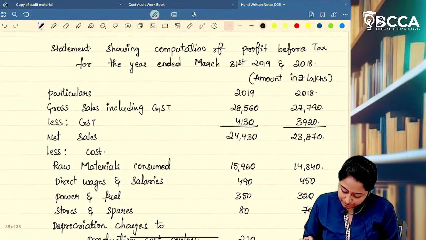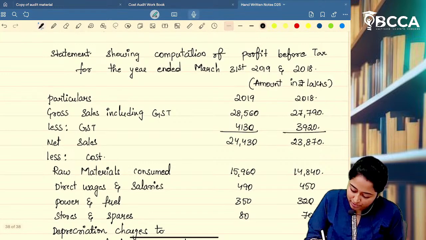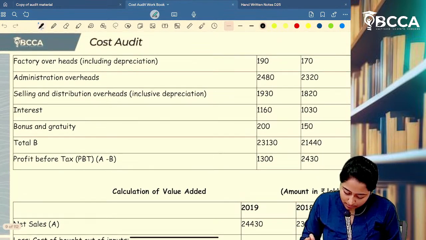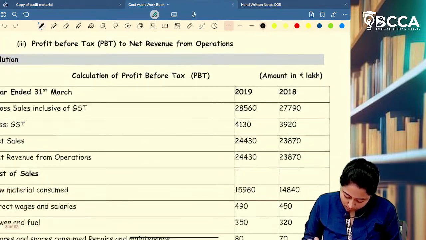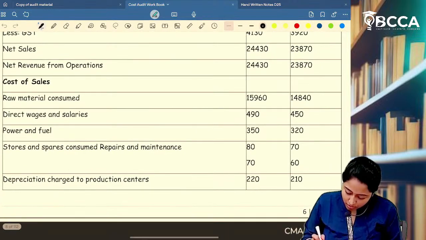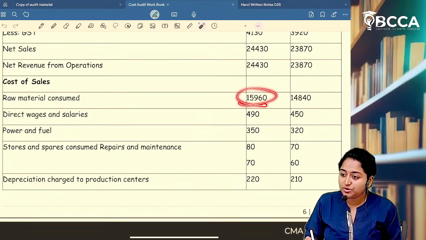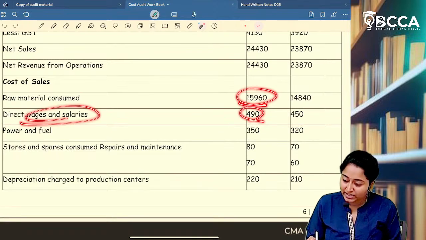Now, next we'll do the calculation for value addition. Raw materials 15,960. Direct wages 490.